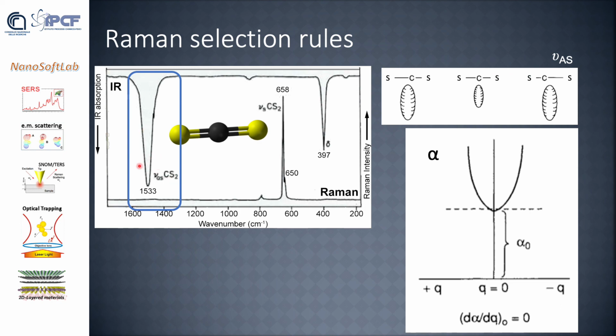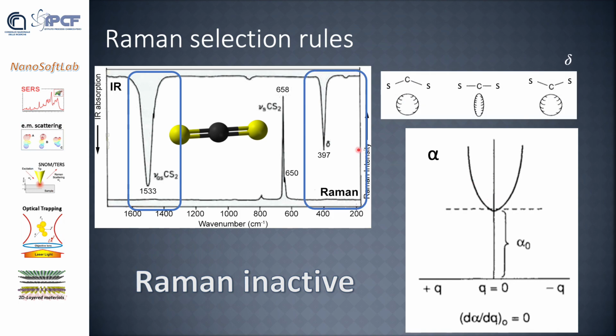Let's focus our attention on the antisymmetric mode. If we plot the polarizability versus the normal coordinates, we discover that at the extrema, the polarizability has no change. So the derivative of the polarizability with respect to the normal coordinate calculated at these 2 points will be 0. As a consequence, this mode will be inactive.